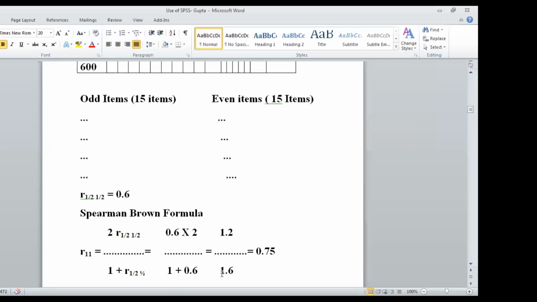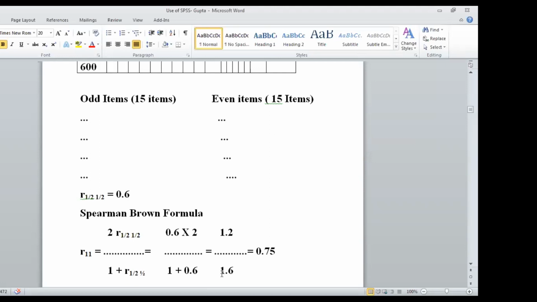Now, in the split half, you must know that the items in one part and the items in another part, if it is a test, must have the same difficulty level, the same discrimination index, the items must be of the same type, the scoring must be the same, etc. If it is a scale, then you must have an equal number of positive and negative items on both sides.